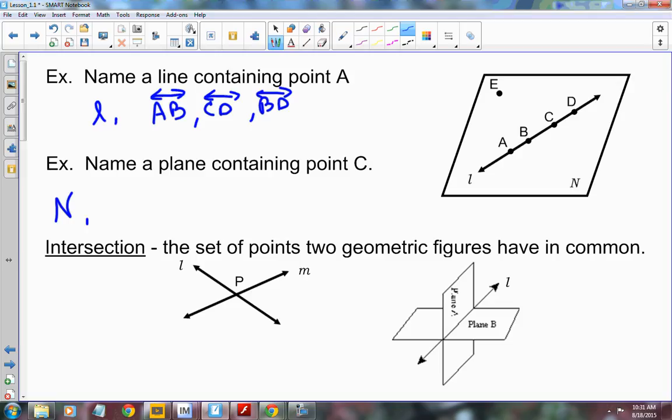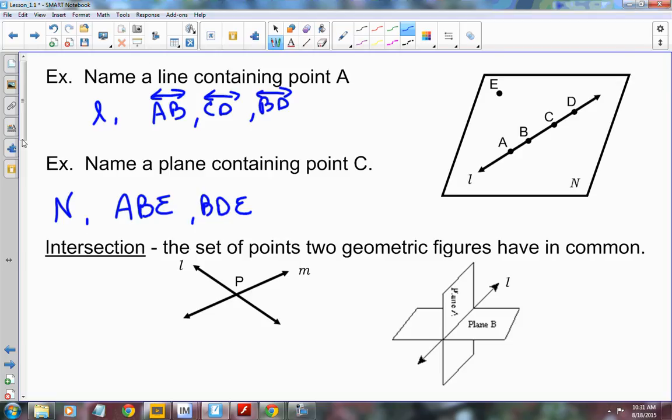So we're naming a plane. ABE would work. Now, why did you use E and not C? They can't be in the same line, okay? So you've got to use 3 non-collinear points. So I could use ABE, I could use BDE, but they have to be 3 non-collinear points, okay?